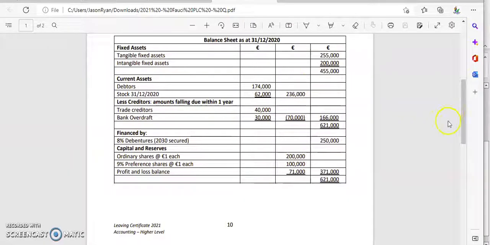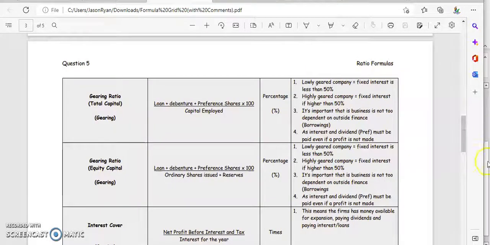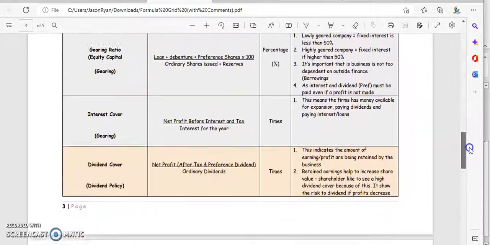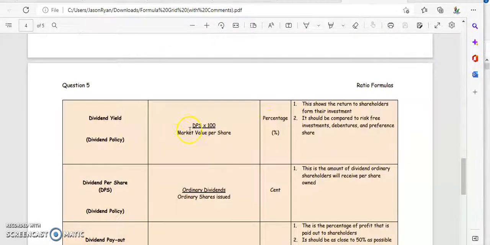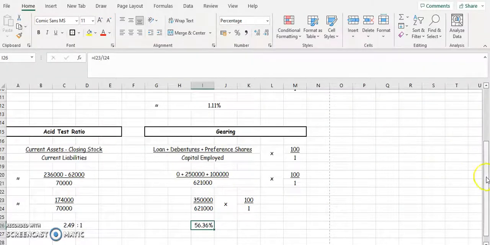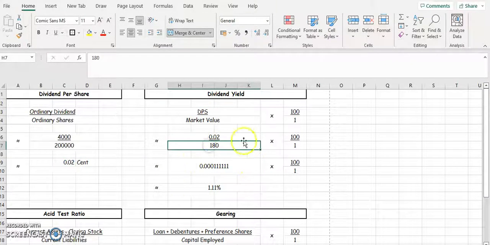And then the last one then that we need to calculate is your dividend yield. So your ratio for your dividend yield is your DPS divided by your market value per share. So our DPS, which we've calculated here already, is 2 cents. Our market value then is 180.